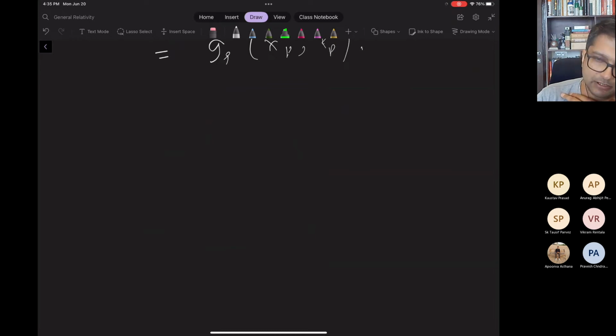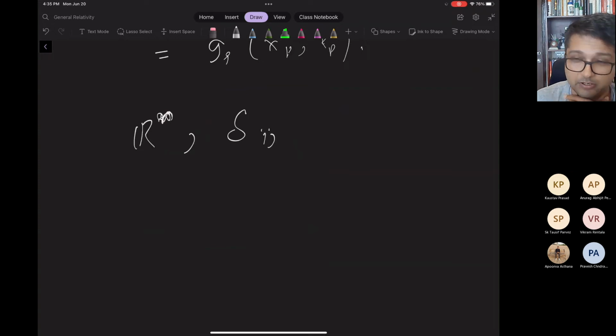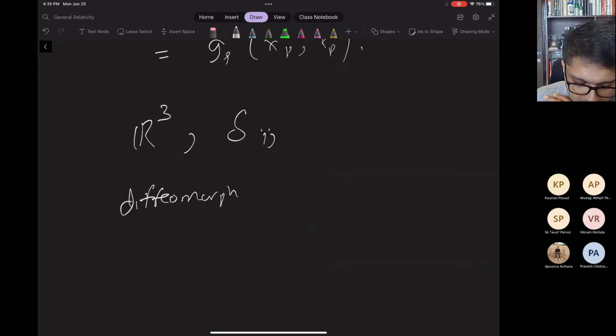Let me give you a simple example. Let's take Minkowski space. So we take Rn, or let's just take Rn with a Euclidean metric delta. Or let's take for example R3. So this space has only the following diffeomorphisms which are isometries.